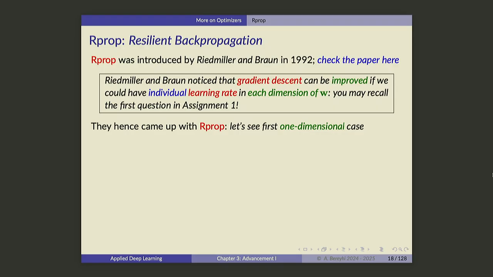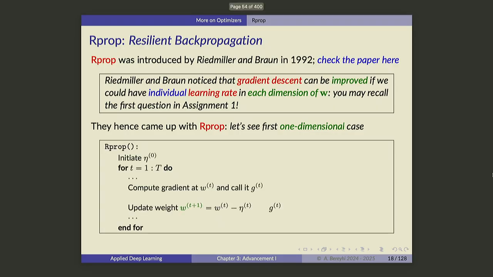Rprop was one of the pioneering, sophisticated ways of doing this. So what is the idea of Rprop? Let me first do it for one dimension. Once you get it for one dimension, for multiple dimensions you basically do it in parallel for all the dimensions, OK? In one dimension, you have only a single weight.